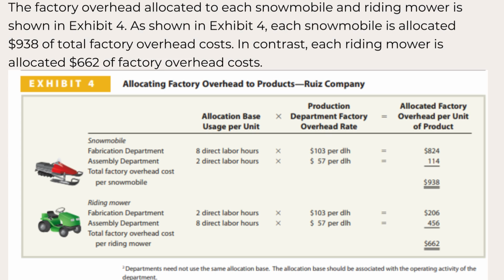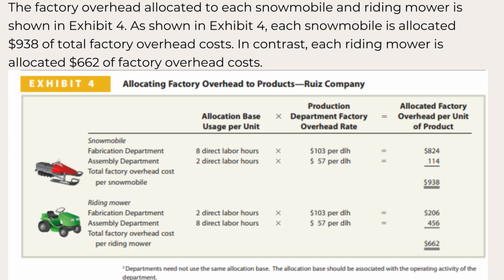How did we come up with this factory overhead cost? The formula given is allocation base usage per unit multiplied by the production department factory overhead rate.